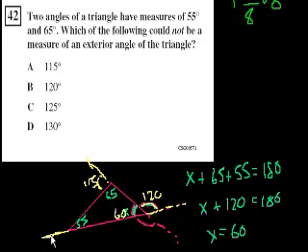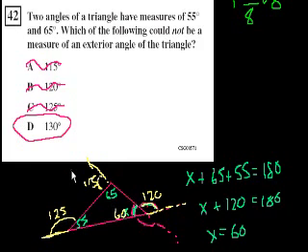See, 180, this is going to be supplementary to 55. So 180 minus 55 is 125, right? Right. 180 minus 60 would be 120, and then it's only 55, so 125. So the 3 exterior angles of this triangle are 125, and they want to know what could not be a measure. So 125 is a measure of an exterior angle. So is 115. And so is 120. So our answer is D, right? None of the exterior angles are equal to 130 degrees.